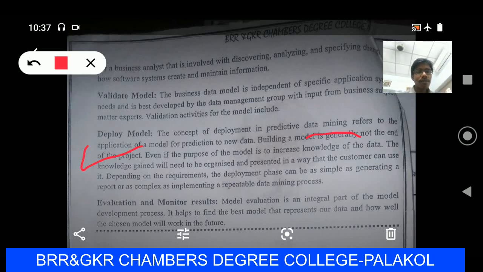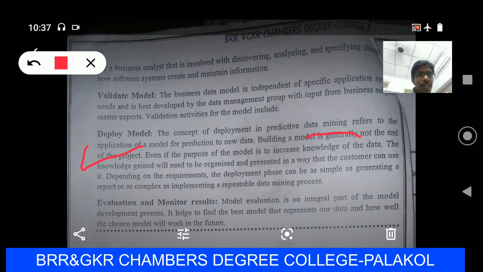Coming to the final life cycle of the model in business analysis, that is evaluation and monitor results. Model evaluation is an integral part of the model development process.